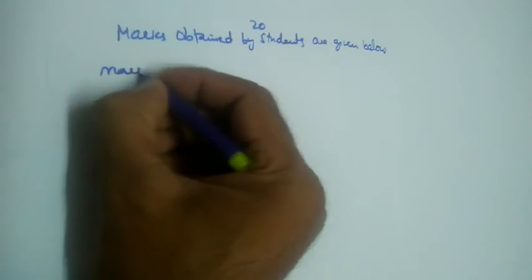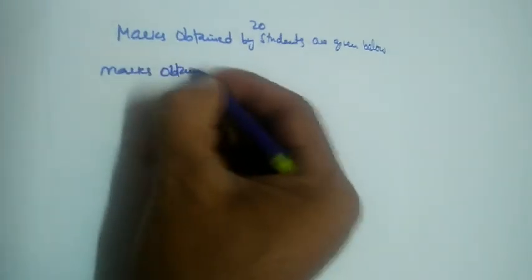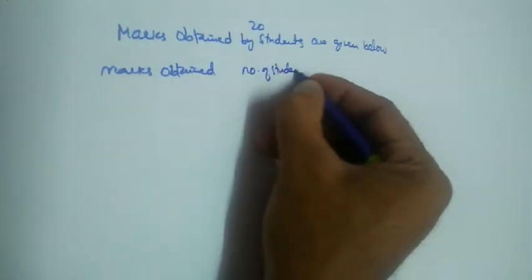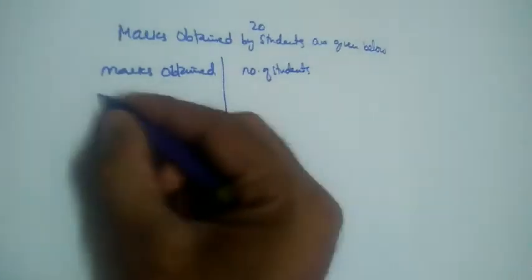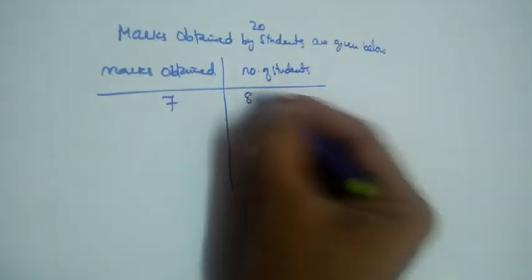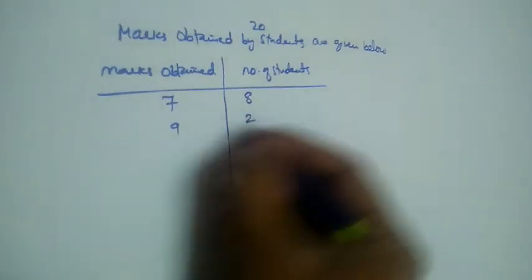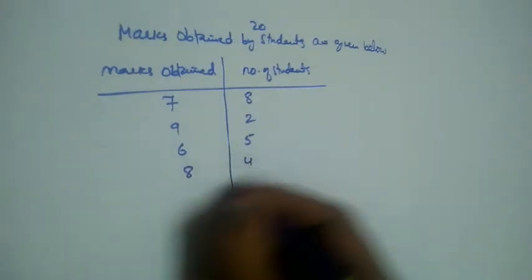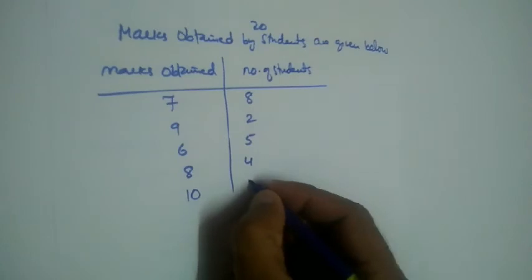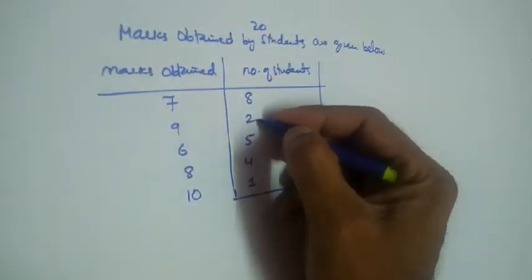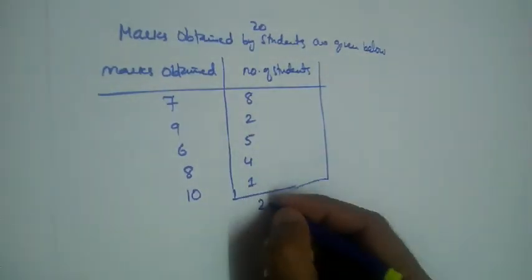This is the table: marks obtained and number of students. 7 marks was obtained by 8 students, 9 marks by 2 students, 6 marks by 5 students, 8 marks by 4 students, 10 marks by 1 student. So there are a total of 20 students, 8 plus 2 plus 5 plus 4 plus 1.